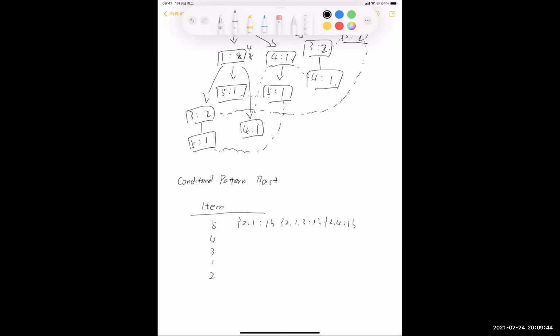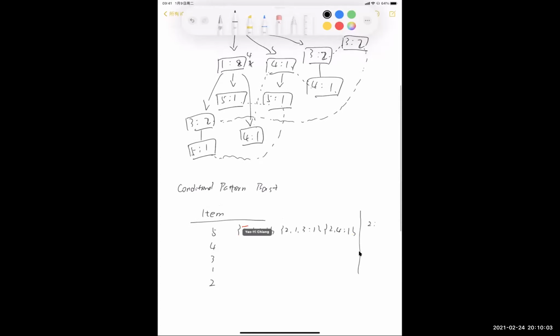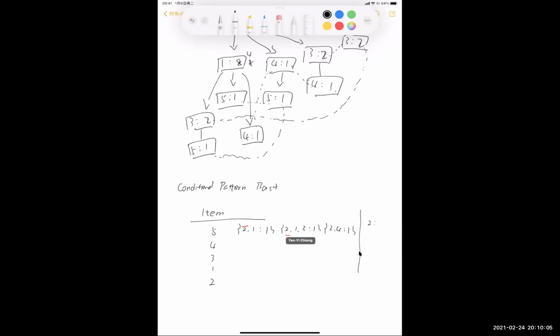So what would be your frequent pattern base? The single item is 2, with count 3. Okay, yes. That means 2 and 5 have appeared together in 3 baskets, right?